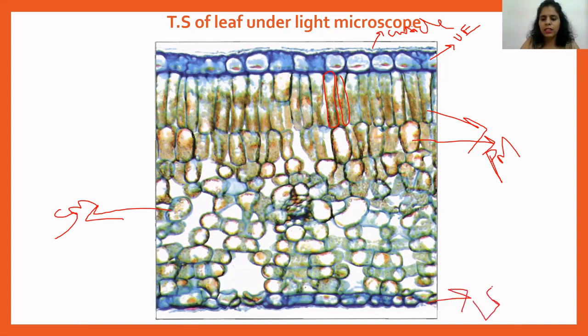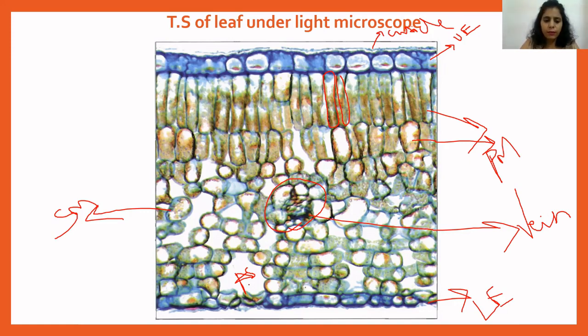Below these spongy mesophyll cells, we have the lower epidermis. It's very easy to identify these parts, and you can make out that between spongy mesophyll cells we have air spaces, and this one is the cross section of your vein. So these are the parts of the transverse section of leaf under a light microscope.